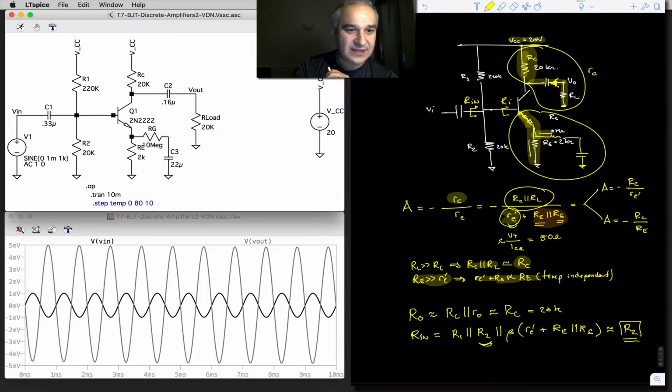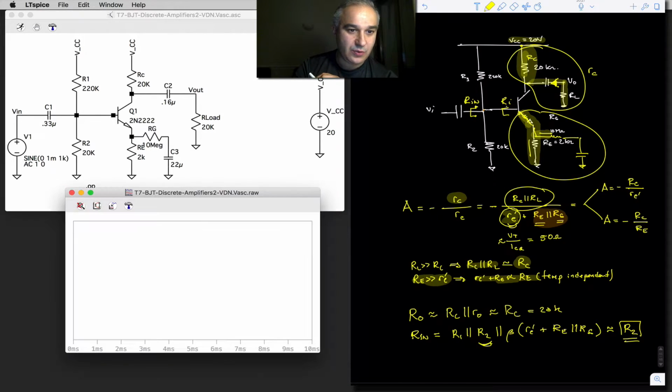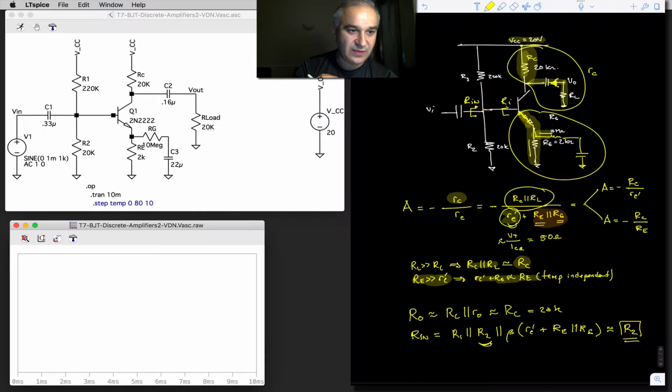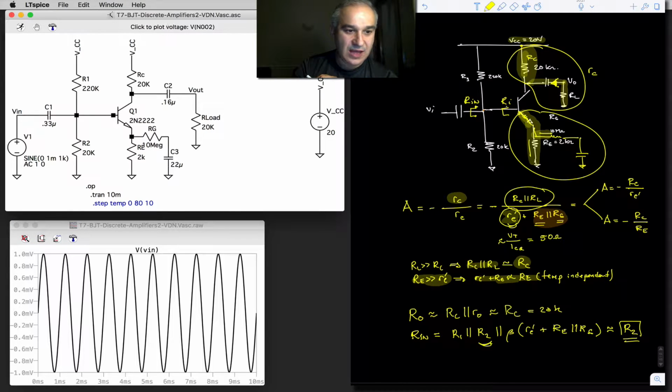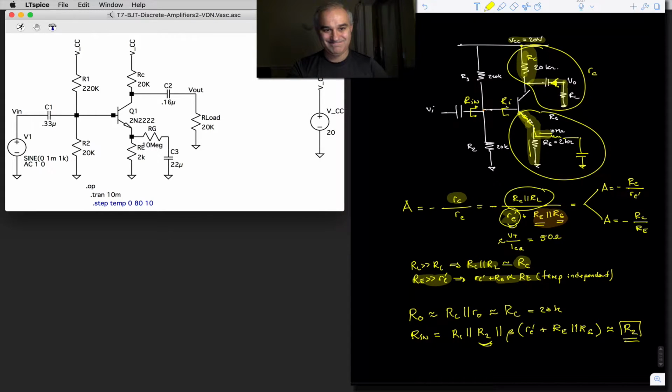Notice what happened here in this circuit. If we were to take the output here at the emitter, let's do it again. So we have an input. Our output at the emitter is going to follow the input. We don't have a gain. Oh, let's do it after the capacitor. Actually, let's do this.